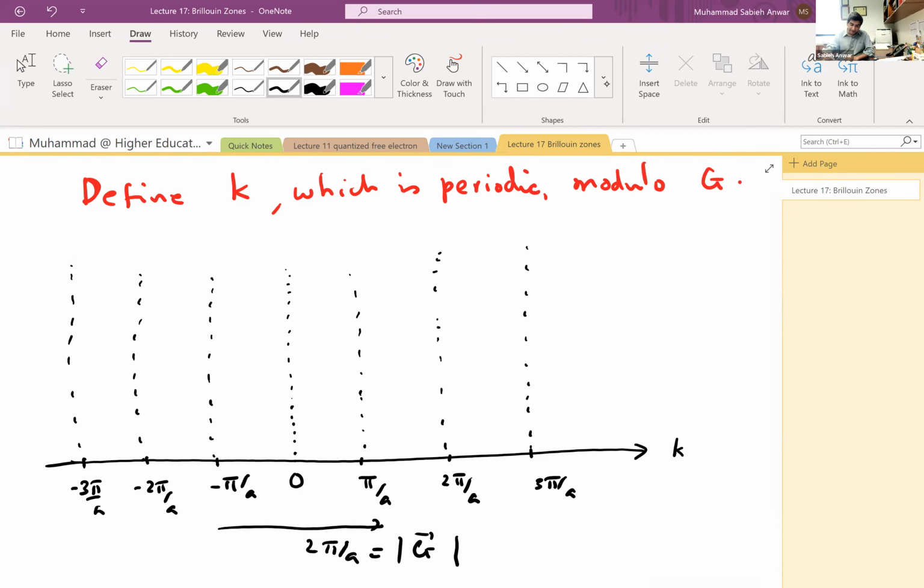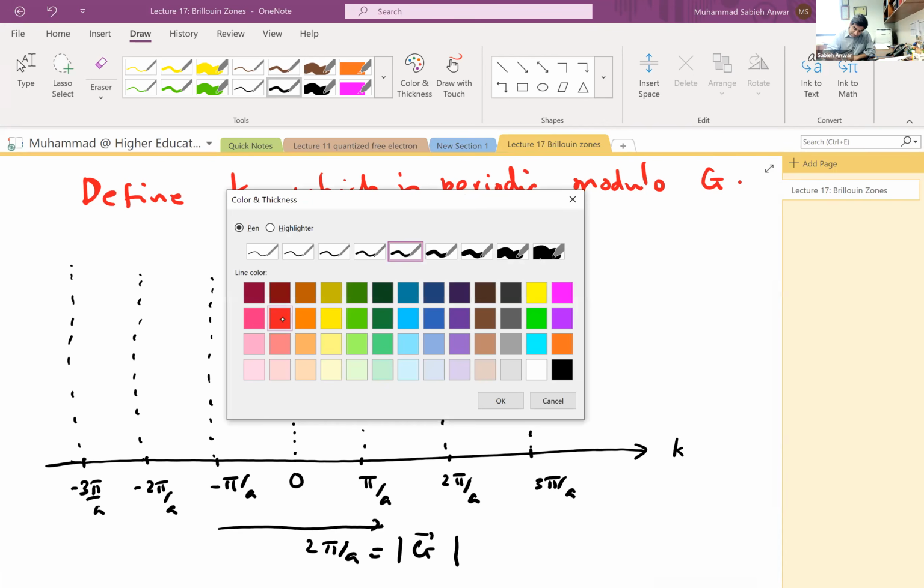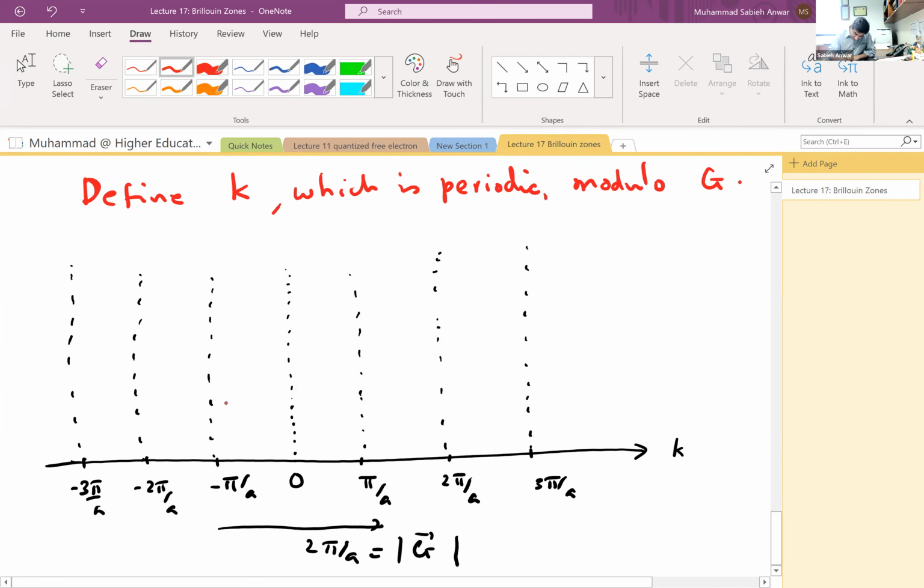Now, if I were to draw the dispersion relationship for nearly free electrons, it is almost parabolic away from the zone boundaries, away from these plus minus pi over a points, and then the energy takes a downward dip. We proved that with the help of degenerate perturbation theory. So brush up your degenerate perturbation theory.